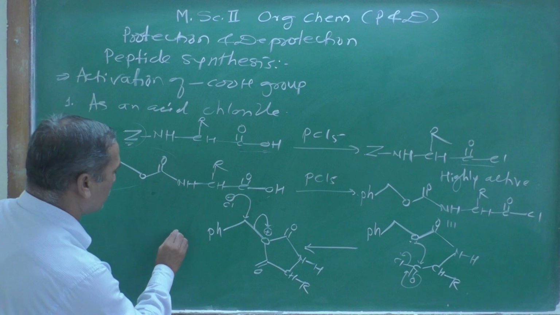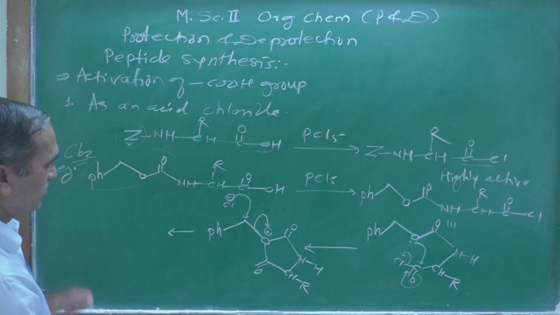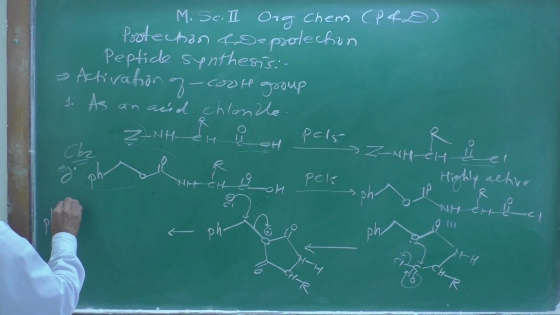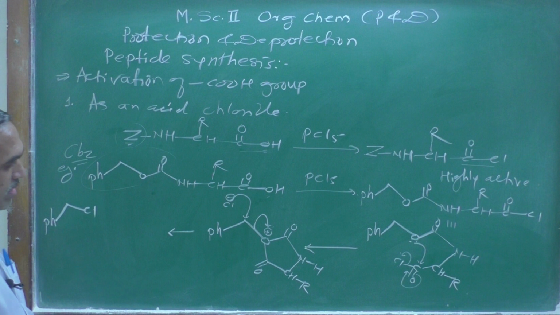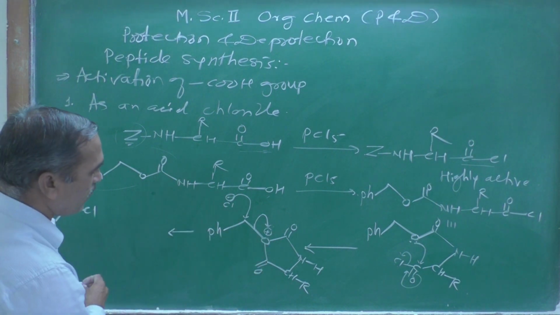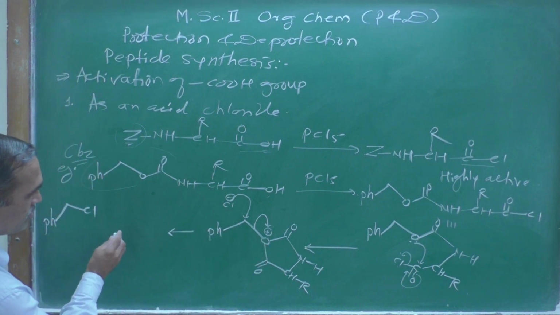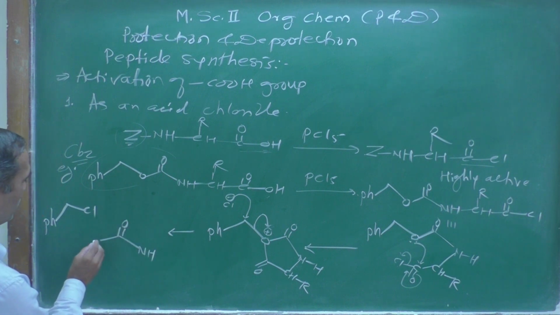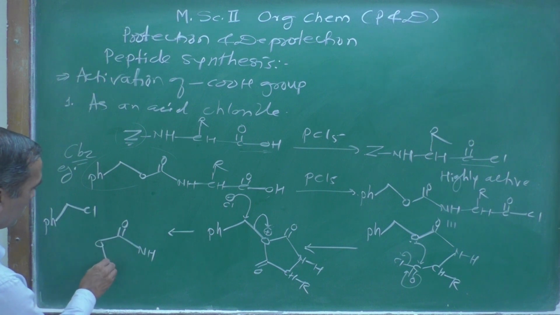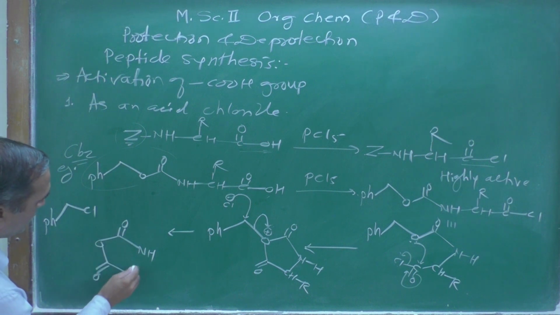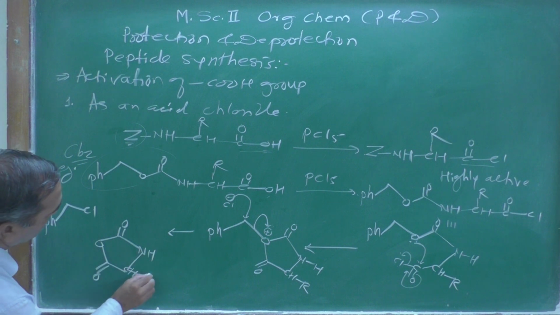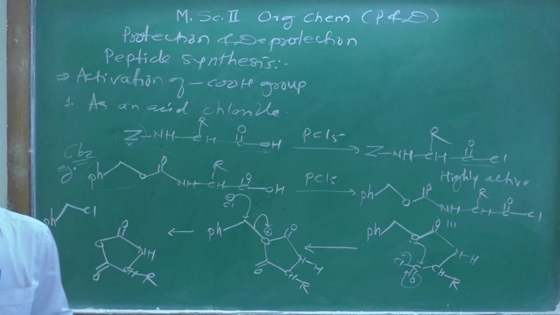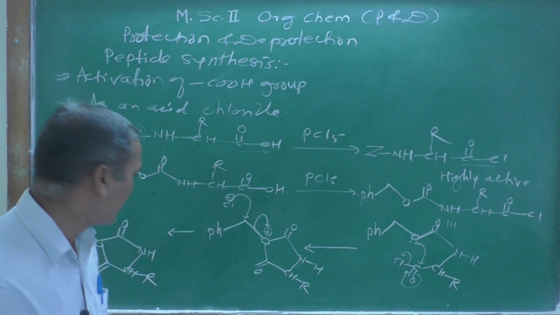So what do you get in the next case? Ph CH2, then CH2Cl, benzyl chloride, and the 5-membered ring which you are going to get here: C double bond O, NH, then O here, then C double bond O, then CH and R. This type of compound is known as N-carboxy anhydride.